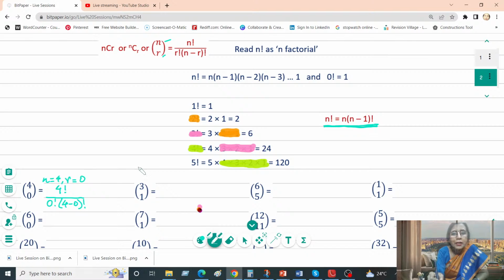Okay. And 0 factorial, we know that to be equal to 1. And 4 minus 0 is 4. So this is 4 factorial over 4 factorial, which is equal to 1.